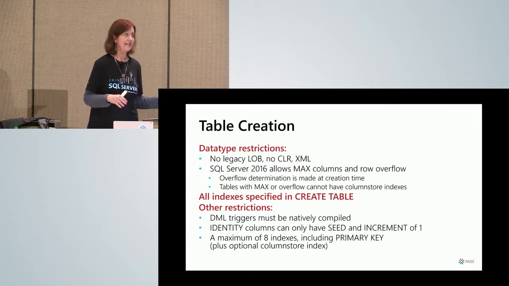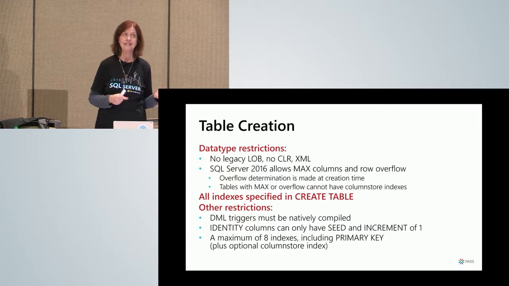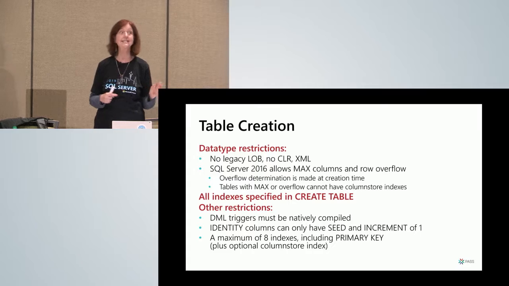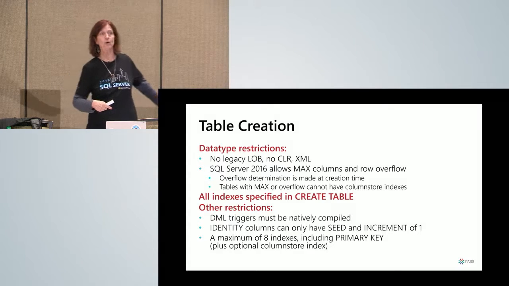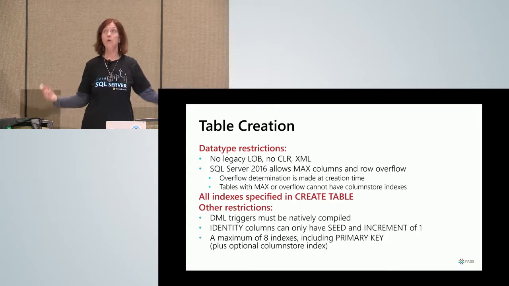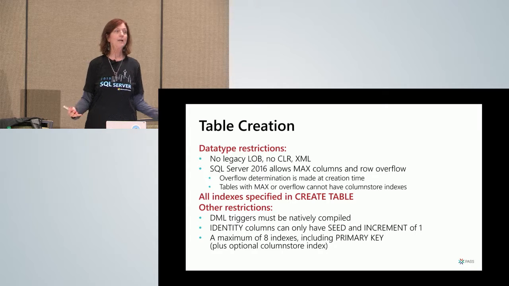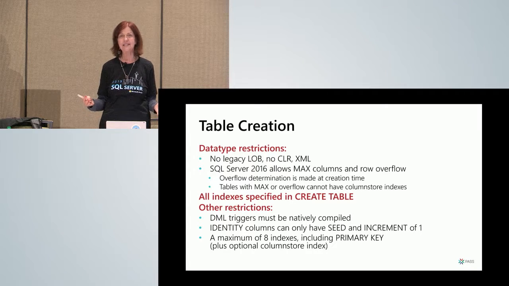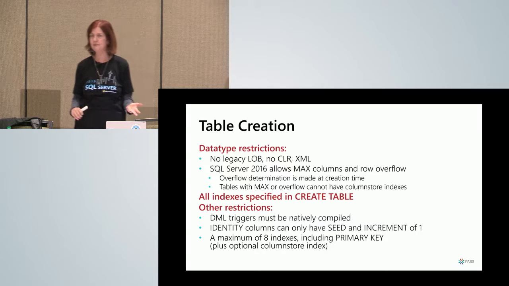But for these tables, the restriction isn't really a bad thing, because now we can talk about the second part of the name of the technology, OLTP. In an OLTP environment, it's usually recommended that you keep your number of indexes to a minimum.